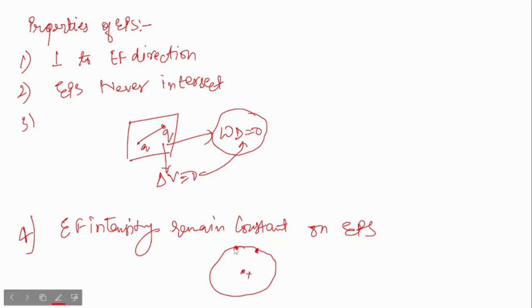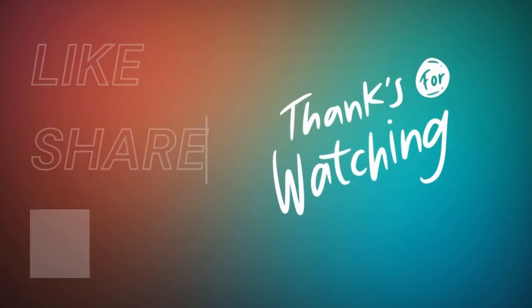Electric field intensity at this point, at this point, at this point will be the same. Along an equipotential surface, electric field intensity will always be constant. So these were four basic properties and an introduction about equipotential surface.